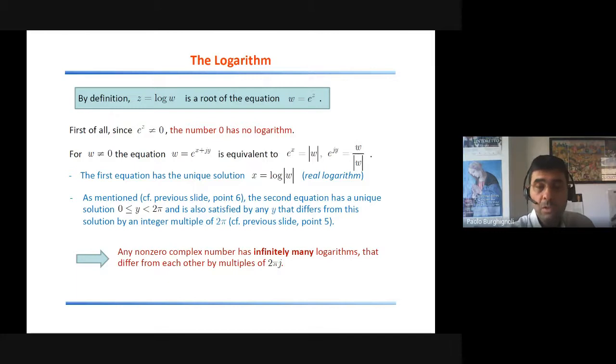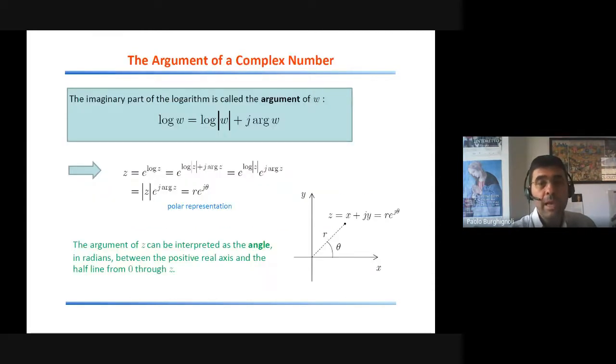So any non-zero complex number has infinitely many logarithms in the complex plane, and those infinite logarithms differ from each other by some multiple of the quantity 2 pi j. And the logarithm allows us also to define the argument of a complex number w. That's because the logarithm can be written, by splitting the real and imaginary parts, as the logarithm of the absolute value of w plus an imaginary part that by definition is the argument of w.